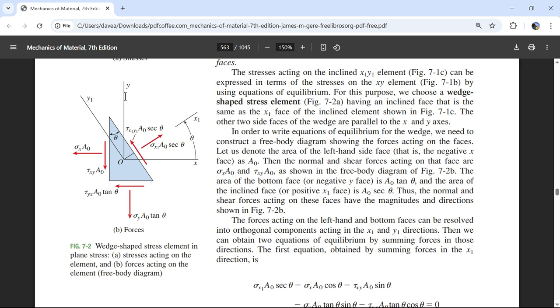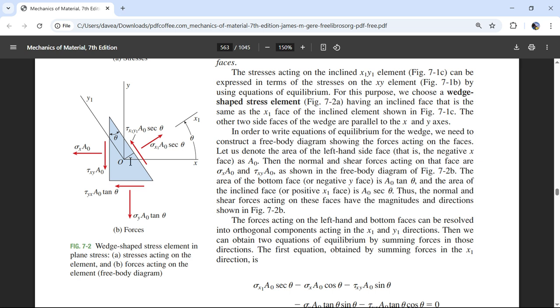Let's rotate this back into its original x and y axes. And then as we rotate that up, this corner of this paper, as we rotate it up into x1, this distance theta, this angle is also theta. So from the horizontal, we have an angle theta. And then from this vertical, we have an angle theta this way.